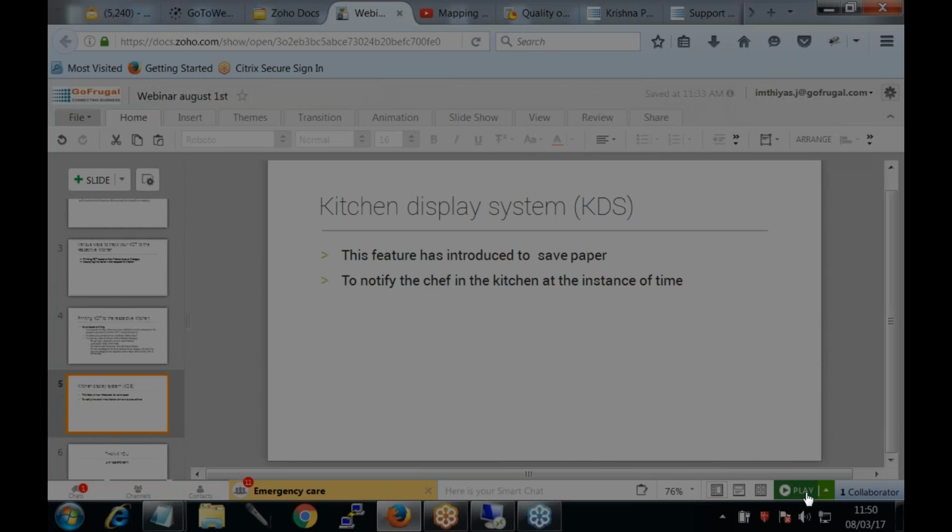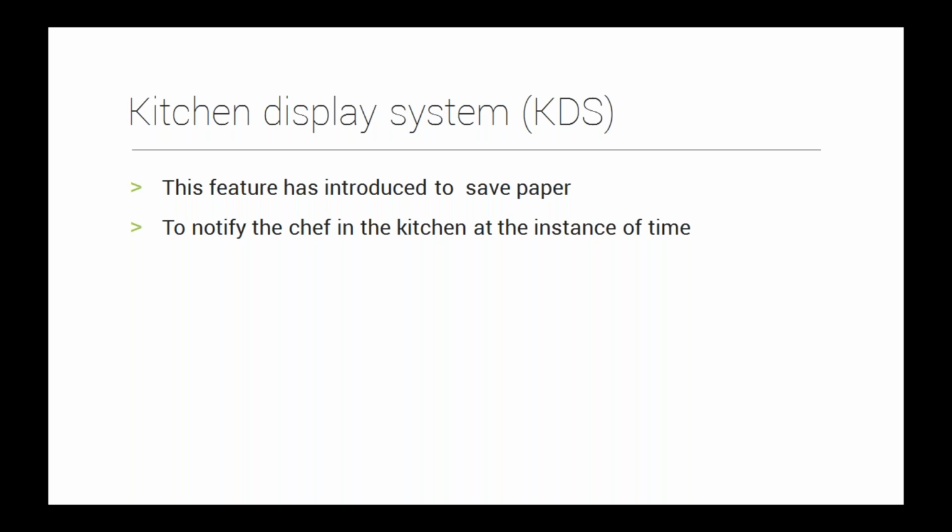Instead of taking an order and printing it to the respective kitchen, to save the paper and also the manpower and the time, we have introduced a great feature which is called the kitchen display system.